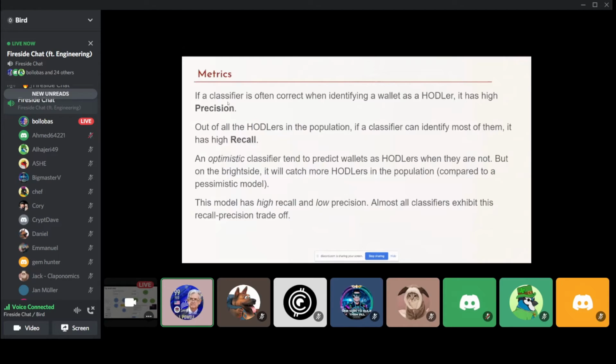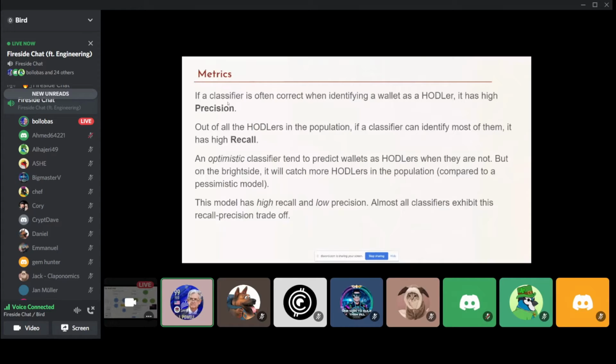So an implication is, if you have an optimistic classifier, it will try to guess hodlers when they're not. But because it's so optimistic, it will catch more hodlers by guessing them so frequently. So an optimistic classifier has high recall but low precision.